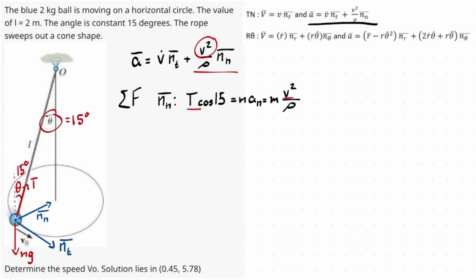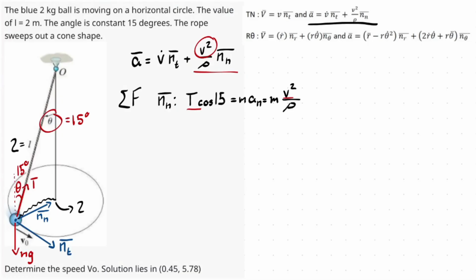We can quickly solve for rho, actually, since we know that this L distance is equal to 2, as given. Then the distance down here, or this radius of curvature that we want to figure out, is just going to be 2 times the cosine of 15.